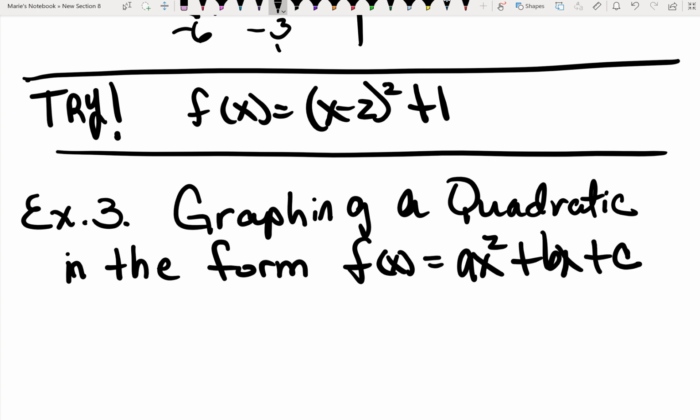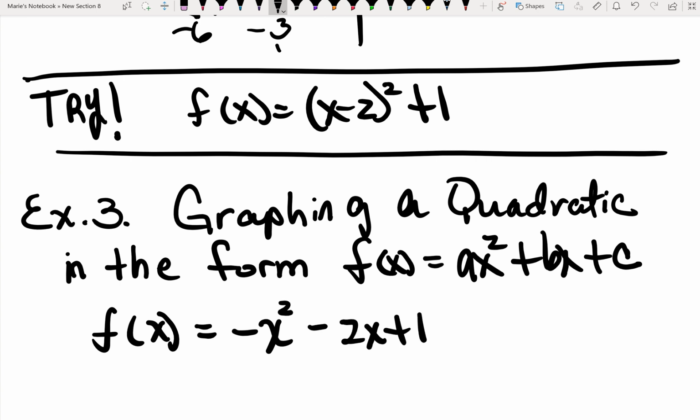And so they're going to give us f of x equals negative x squared minus 2x plus 1. And we're also going to identify the domain and the range of the function.